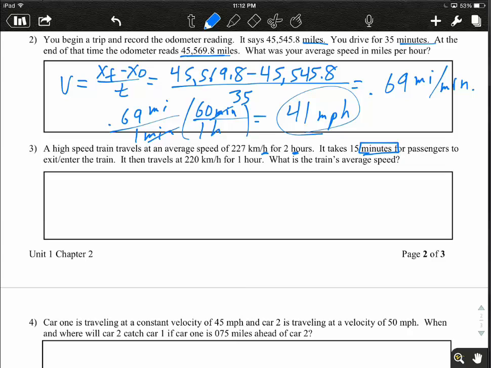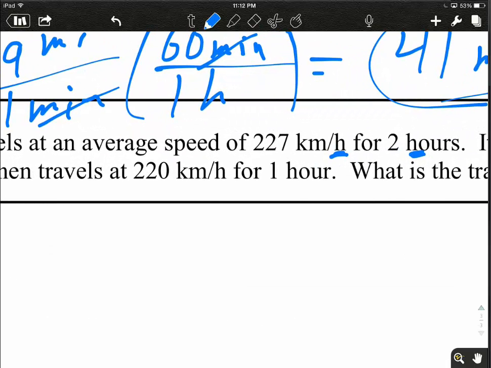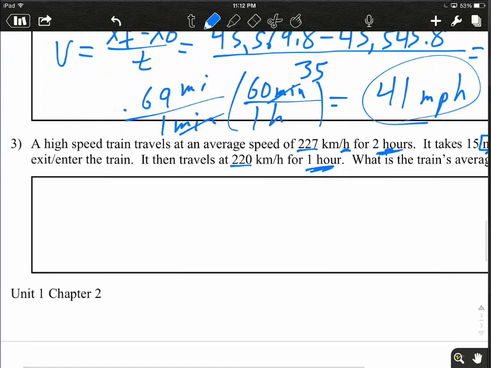Okay, well, the common mistake that people make here is that they will go ahead and take the 227 and the 220, and they will average the numbers together. 227 plus 220, and they divide by 2. That doesn't work because you traveled at different speeds for different amounts of time.